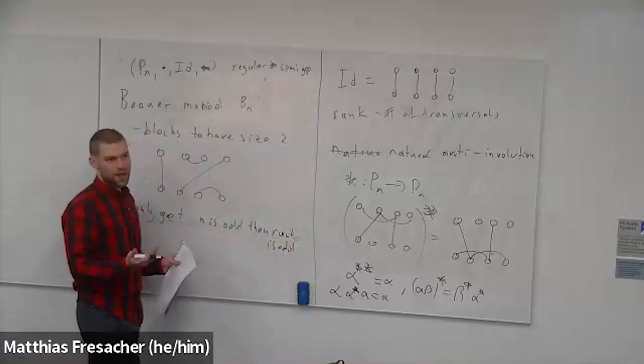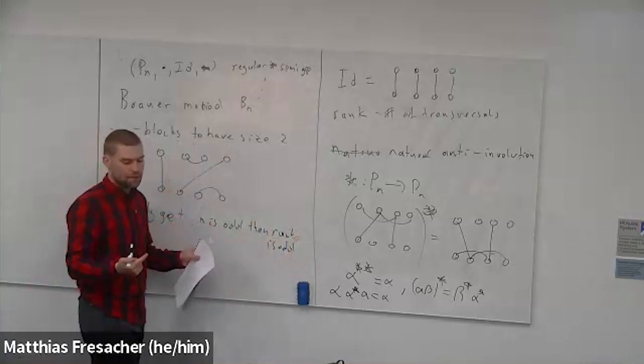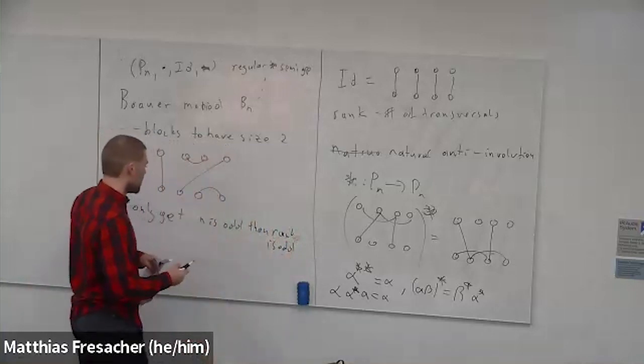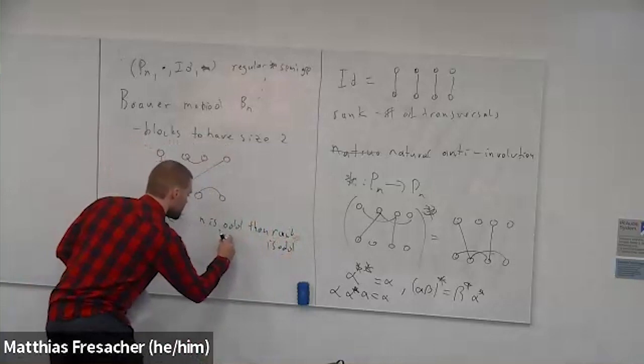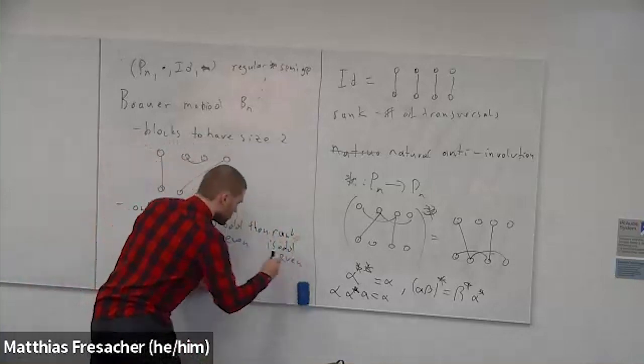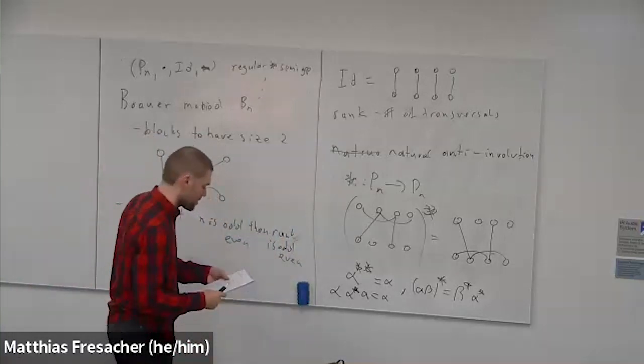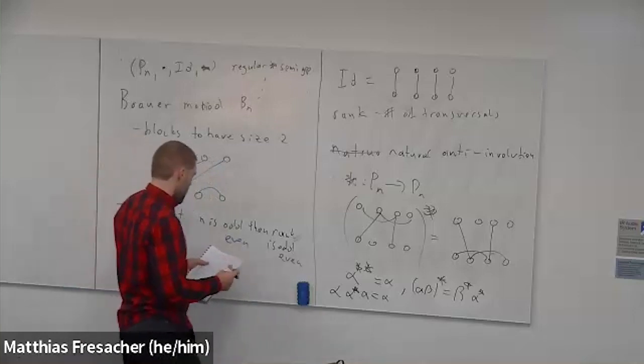It has to be the same. You can sort of see that because everything has to be matched up, it just can't be any other way. And likewise, if n is even, then all the ranks of our diagrams are also going to be even.